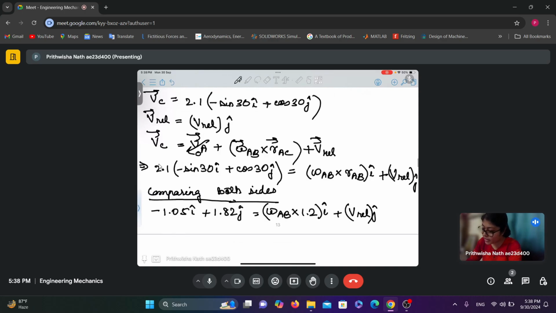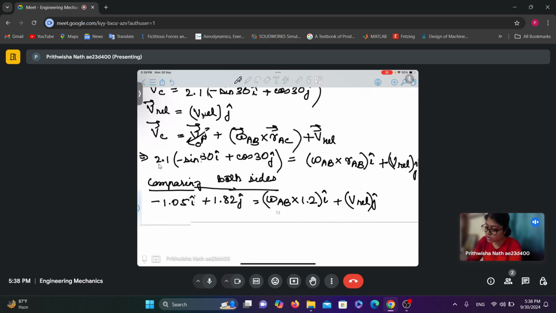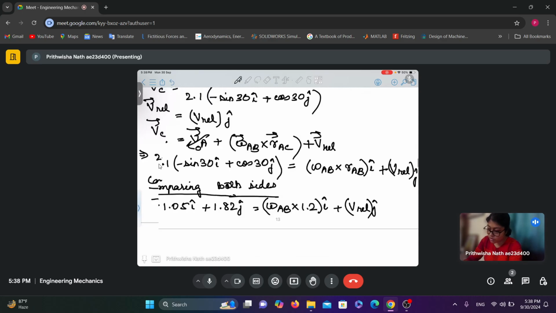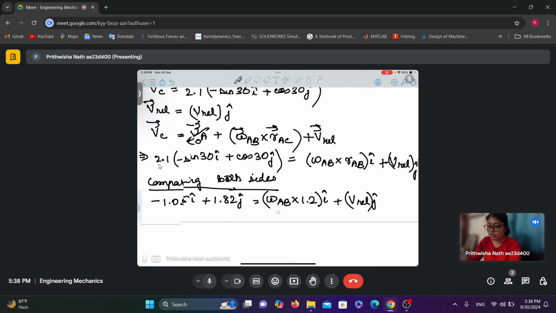So we are asked to find out the angular velocity. To find out angular velocity, we need to compare the i terms on both sides, right? We are just asked to find the magnitude.